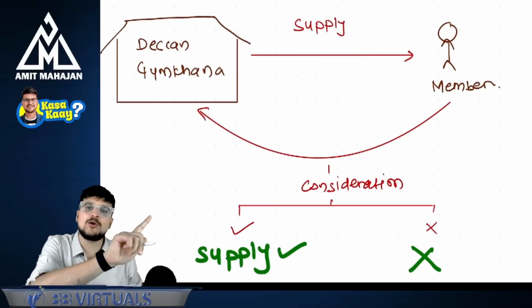Always remember, whenever you get any question related to importation of service, you have to first think about the chart. This chart is talking about, first of all, we need to identify whether it is with consideration or without consideration. If it is with consideration, irrespective of whether it is for my business or not, it does not matter. It will always be considered as supply. Look here.